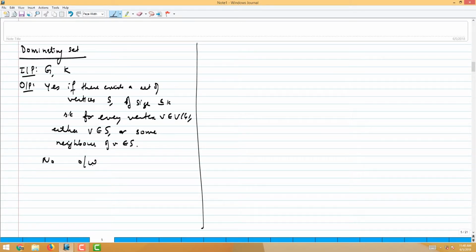Again, what is a dominating set? It's a collection of vertices such that, looking at any vertex, either it is in the set, or if it is not in the set, one of its neighbors is in the set. So if S is a dominating set, look at any vertex that is not in S, one of its neighbors has to be in S.